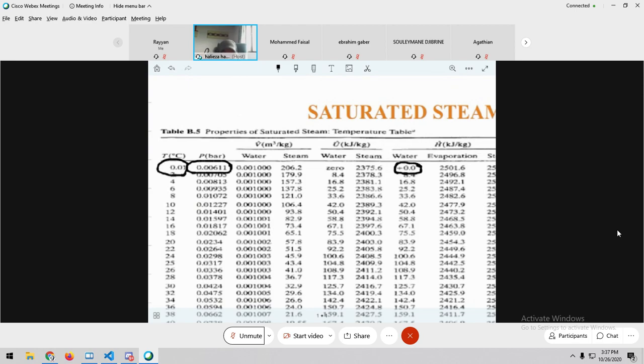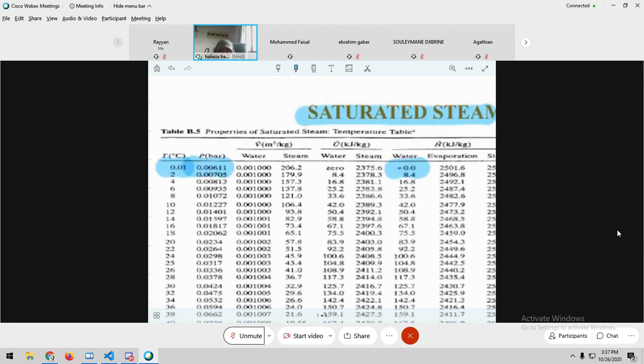That's the temperature. That's the enthalpy when it's 0. Even though it is stated that this is saturated, when you're using superheated steam, you use the same reference. Your superheated steam and your saturated steam have the same reference state.